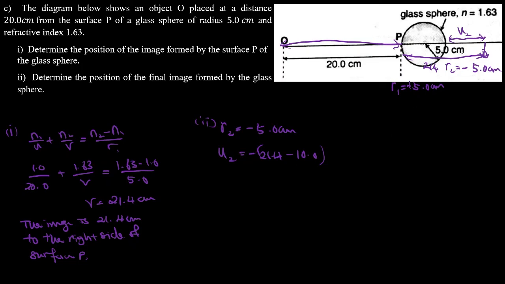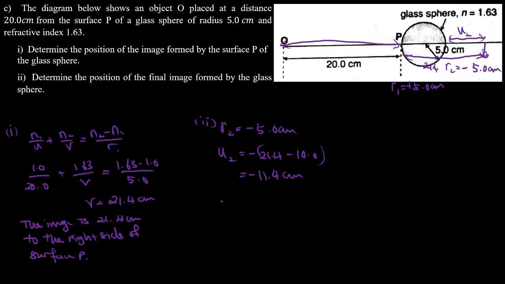Because it's located at the right side of the refracting surface, in the opposite side to your incident ray, which is equal to negative 11.4 centimeter. So this one is your virtual object, remember?